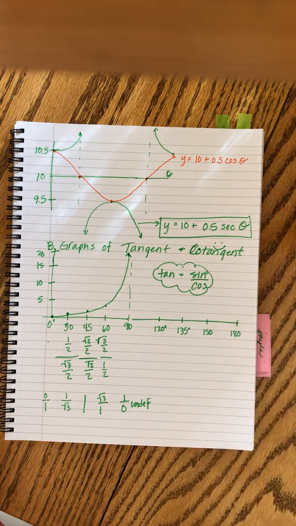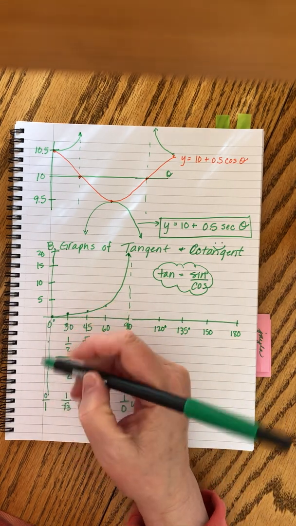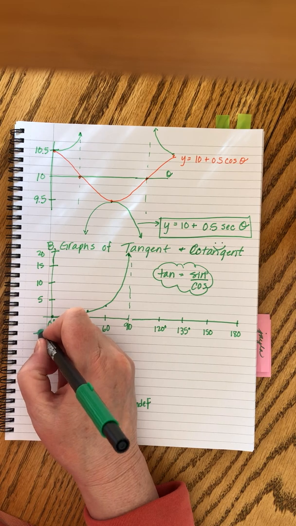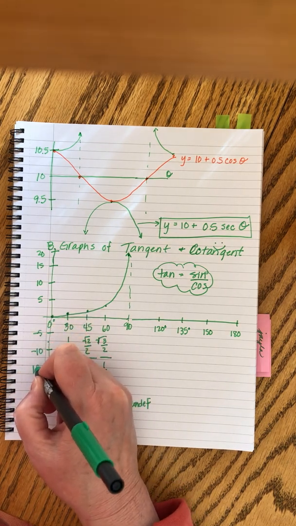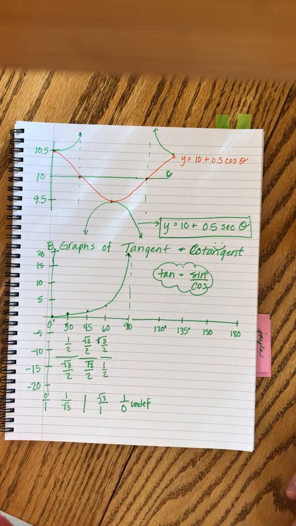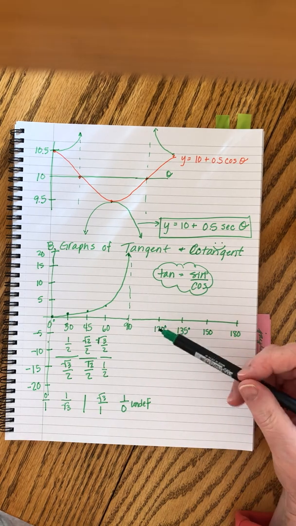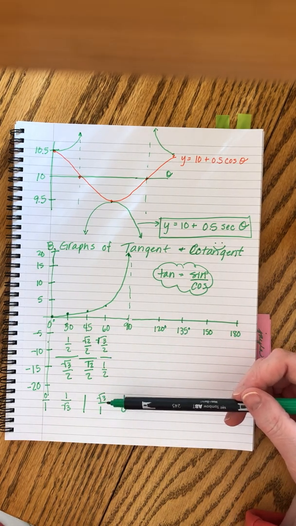Okay? In these, we're going to have negative values. So I'm going to come down here, right? It'd be -5, -10, -15, -20.